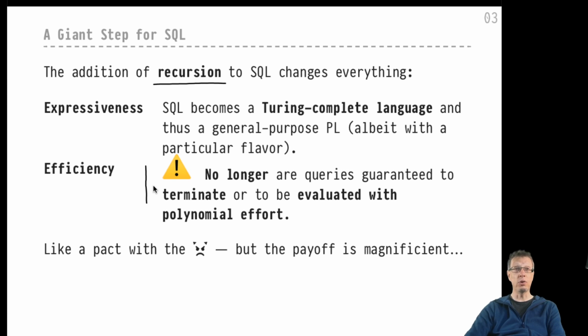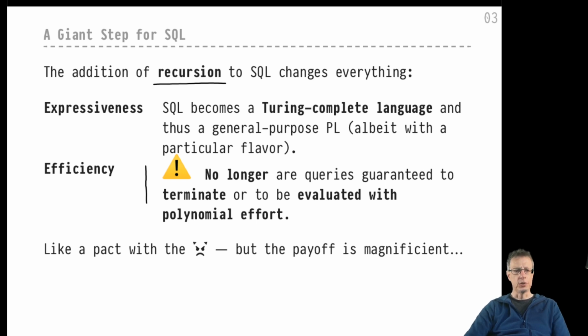And the evaluation with polynomial effort, well, of course, we cannot promise it anymore. If it's true that we can compute any problem, so for example, the subset generation problem, the subset of rows problem that we've mentioned on the previous slide, we can now do that. But of course, already the result will be exponential in size, and so will be the runtime.